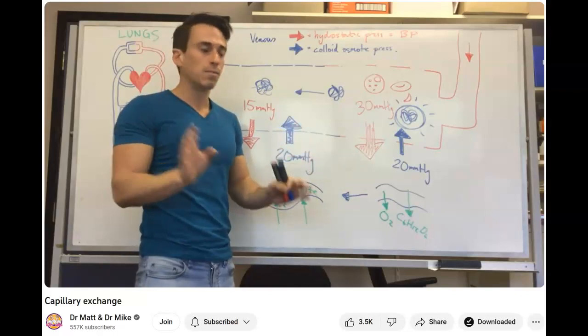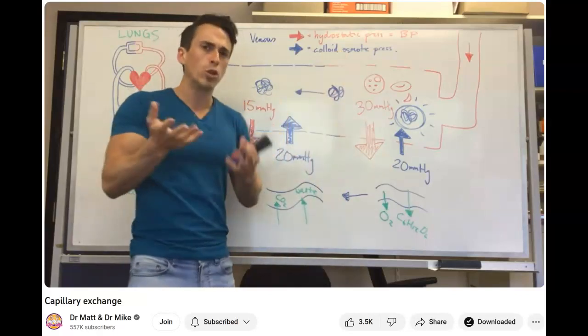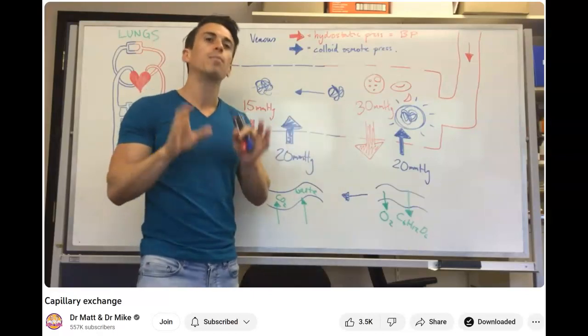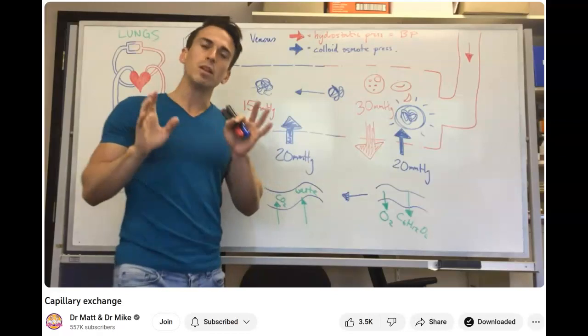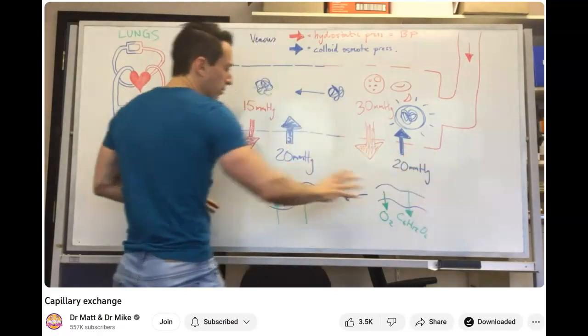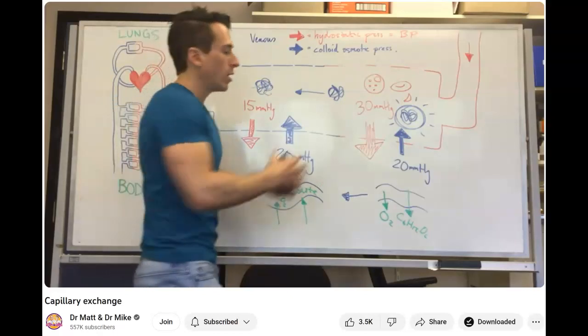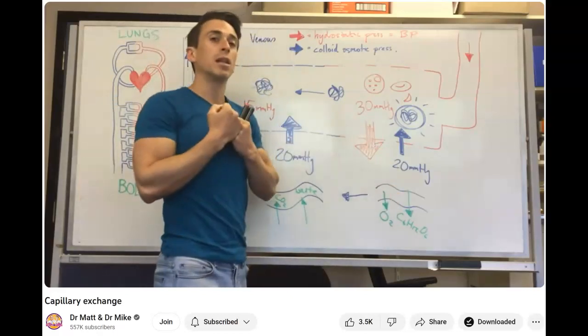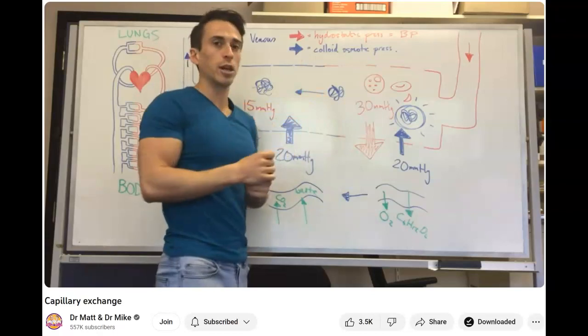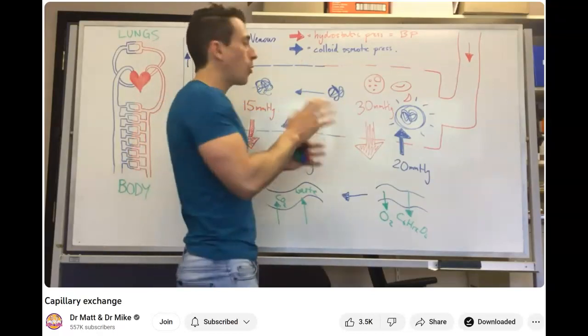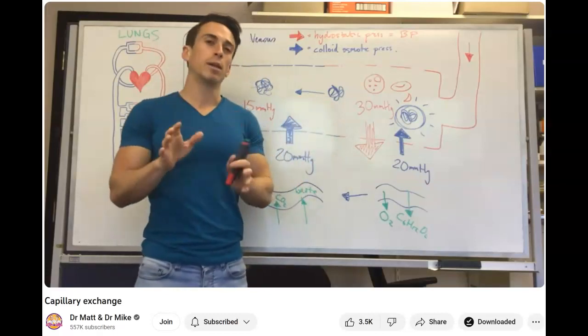So of the fluid that can't get pulled back in, we do have a mechanism. We need to get that fluid back. How do we get it back? The lymphatic system. So we have lymphatic vessels as well around our tissues. And the lymphatic vessels help bring back that lost fluid from capillary exchange and drop it back into our venous supply. So I hope that this made sense looking at capillary exchange.